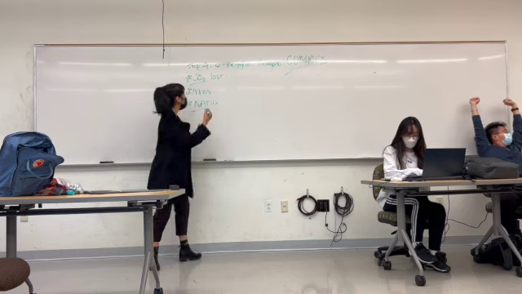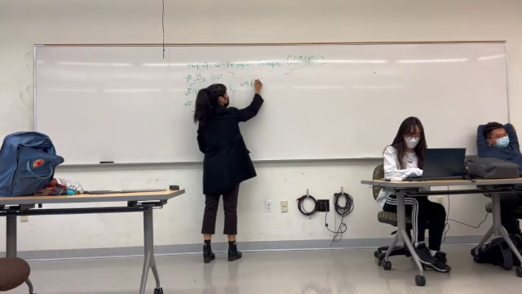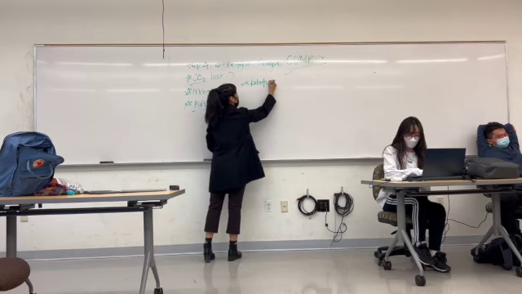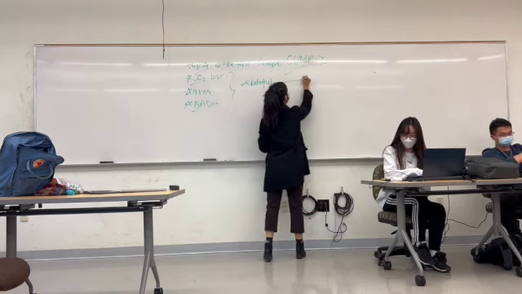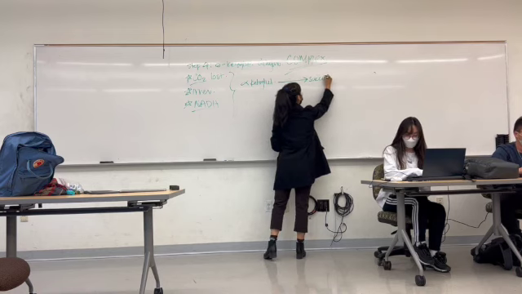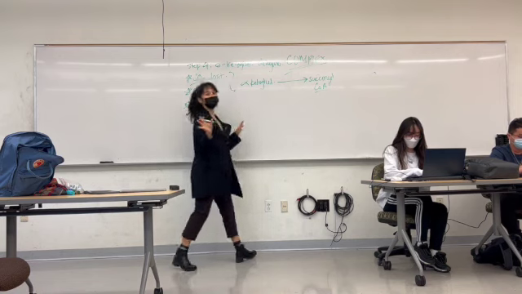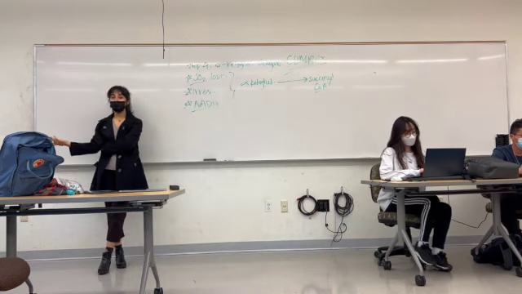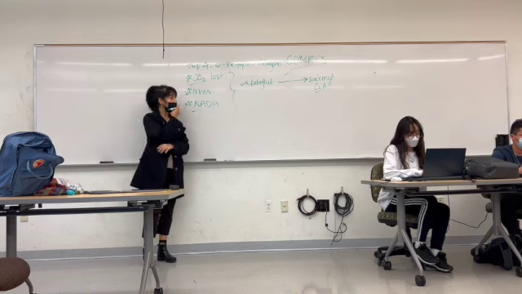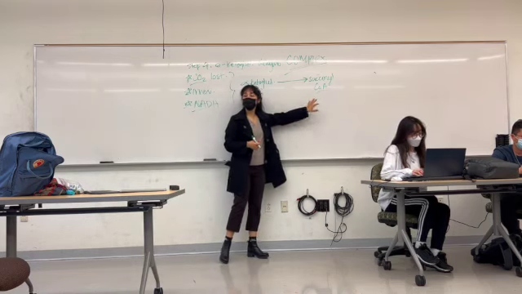It is catalyzing alpha-ketoglutarate, and it is making succinyl-CoA. First of all, remember how pyruvate makes acetyl-CoA? In this, you're making succinyl-CoA.